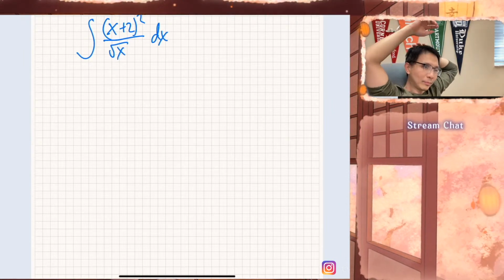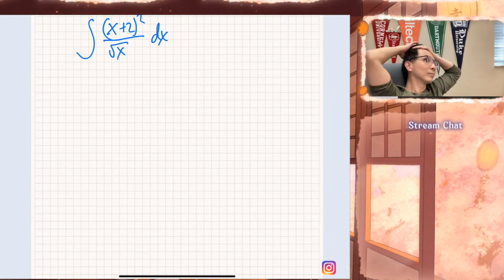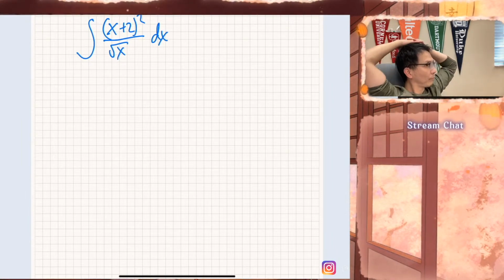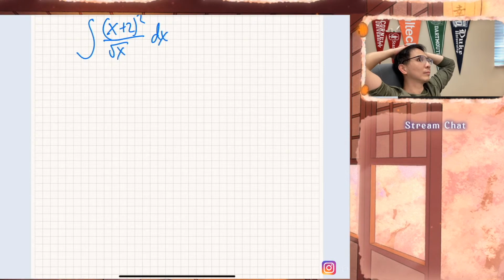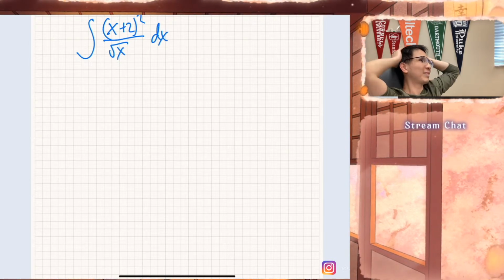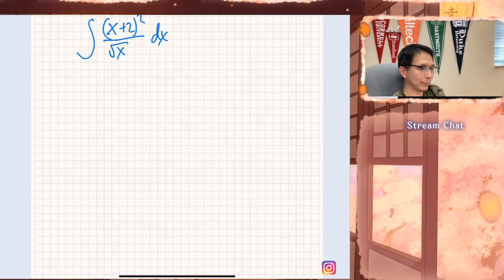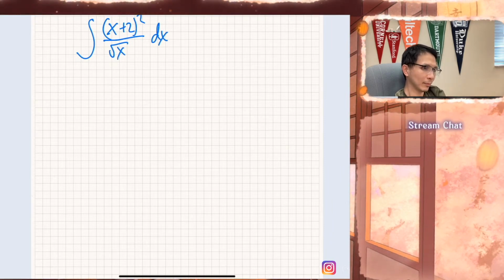That's how I did it too, because then you split all the terms. I feel like there's a lot more algebra than it is calculus. Yeah, it's algebra for this one.